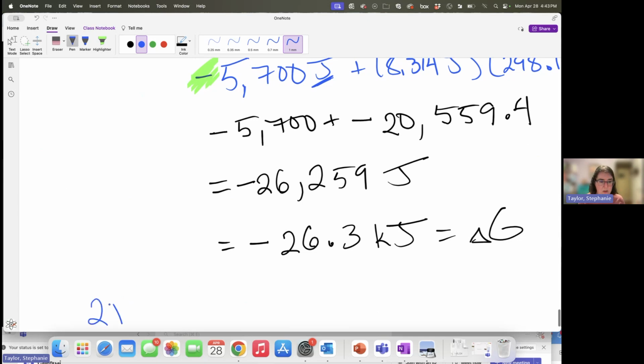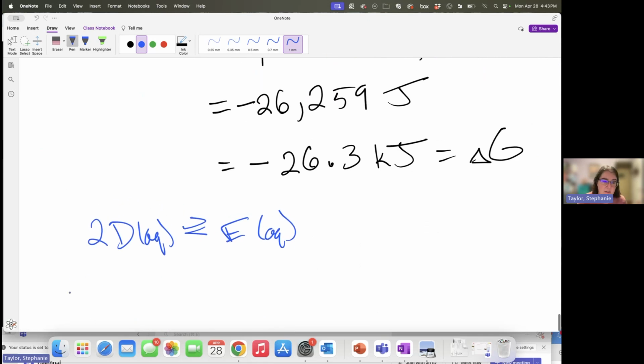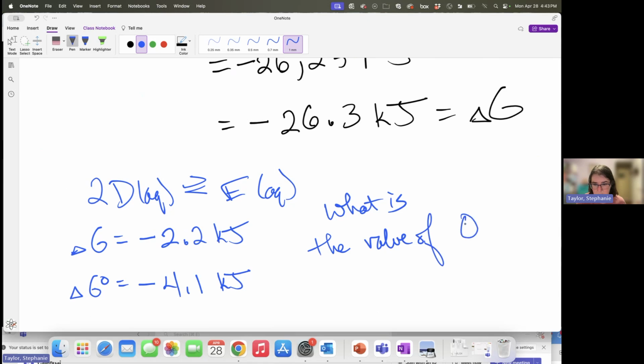So if we go in between, like, 2D aqueous in equilibrium with E aqueous, we'll give a value of delta G as being negative 2.2 kilojoules, the value of delta G standard as being negative 4.1 kilojoules, and the question is, what is the value of Q?